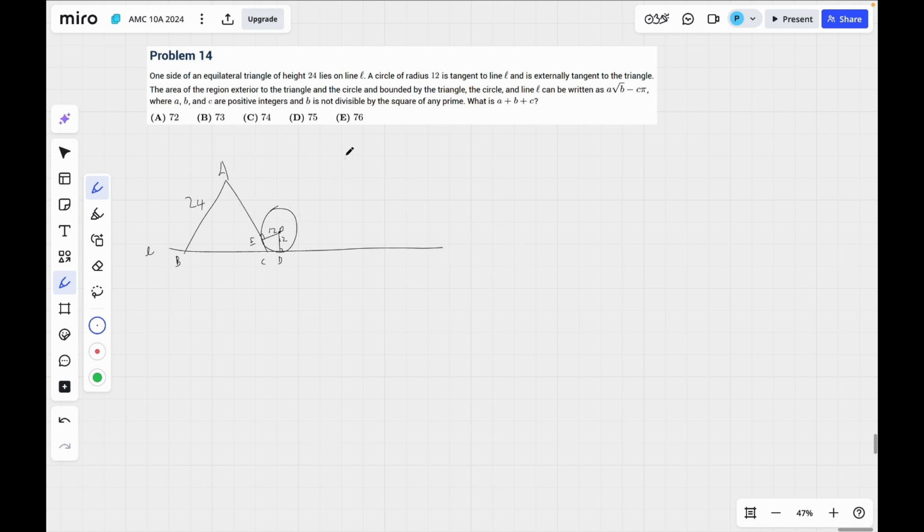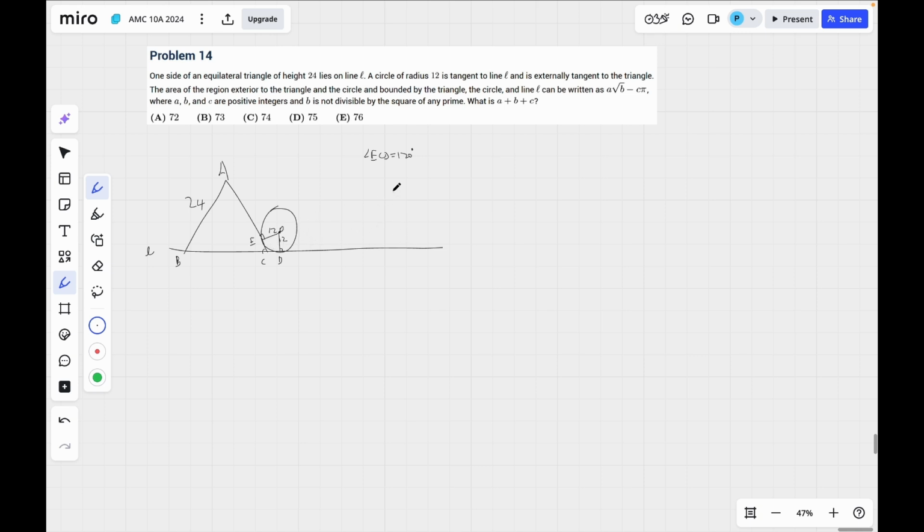Since it's equilateral, we know that the angle ACB is equal to 60 degrees. So we know that ECD is equal to 120 degrees. Now we also know the other angles, OEC and ODC, are both 90 degrees.